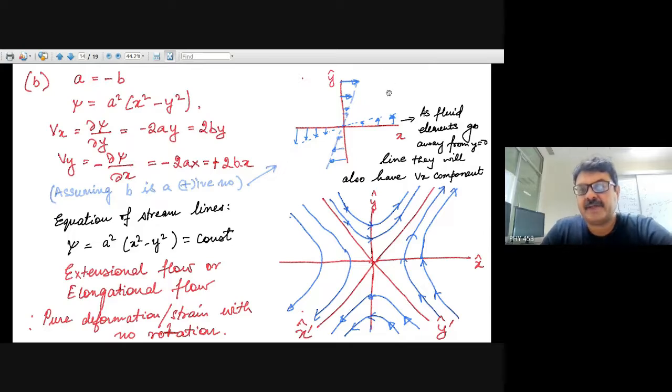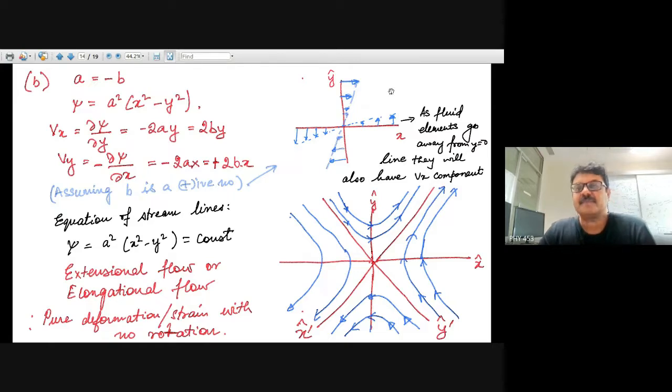Now, what will happen here? You have seen this before, but it has a y component and an x component, and is gradually increasing. And we saw that this was pure extensional flow. So here the flow lines are like this, the velocity fields are like this.